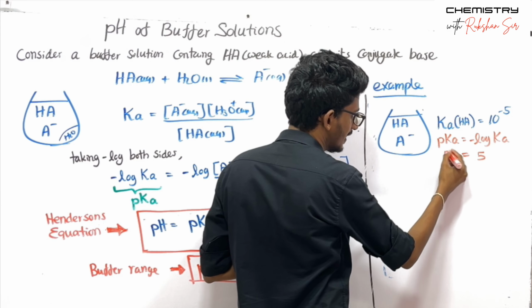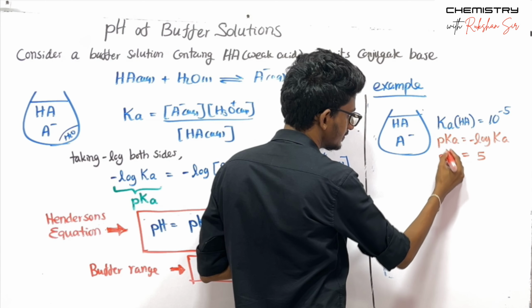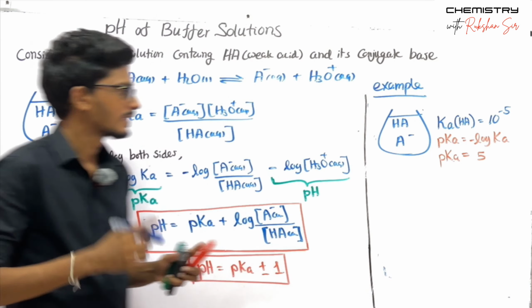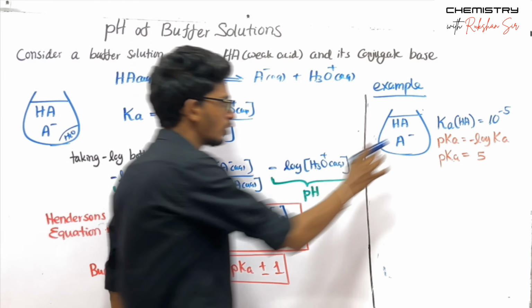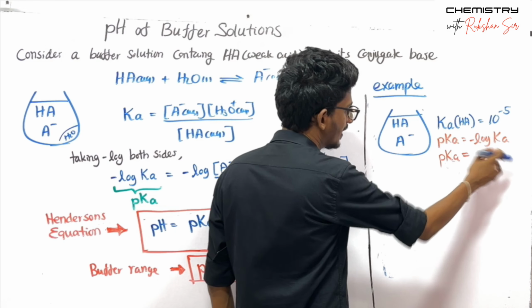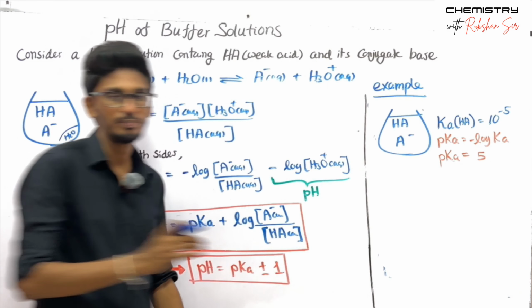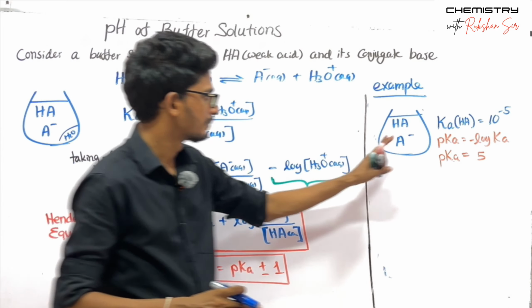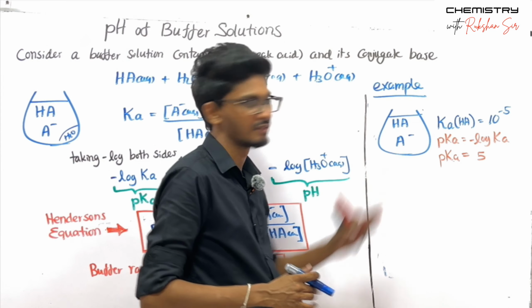Your pKa is 5. This means in the range of pKa plus or minus 1, only this buffer solution can show its buffer action.